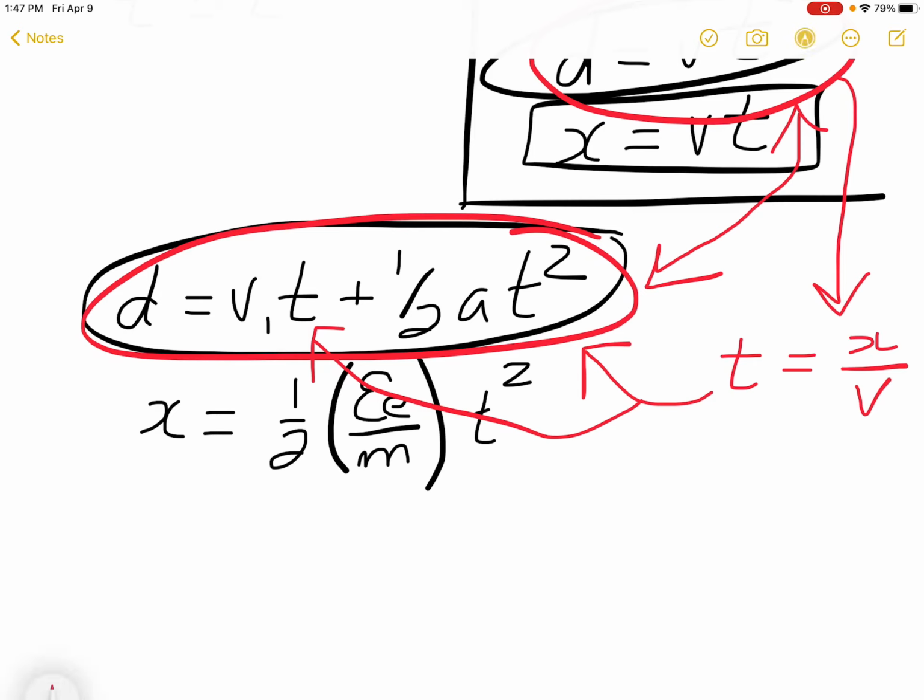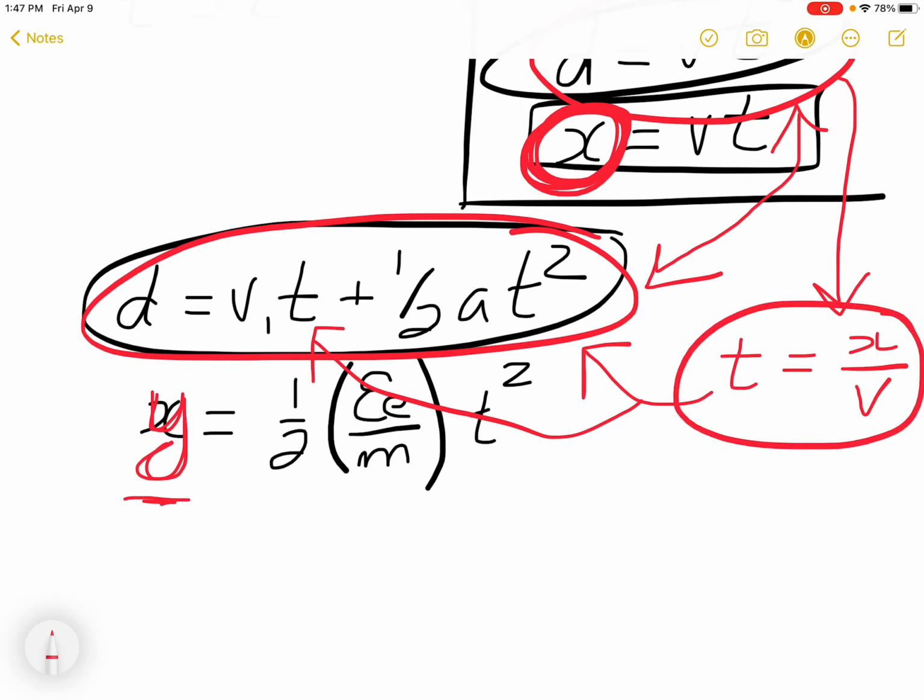That X should have been a Y right here. This is a Y. We already did the X up here. This should have been Y, my mistake. And that's what it is in the question too, right? Y equals 1/2 EE over M times T squared. Okay, so we're going to substitute this into that equation.